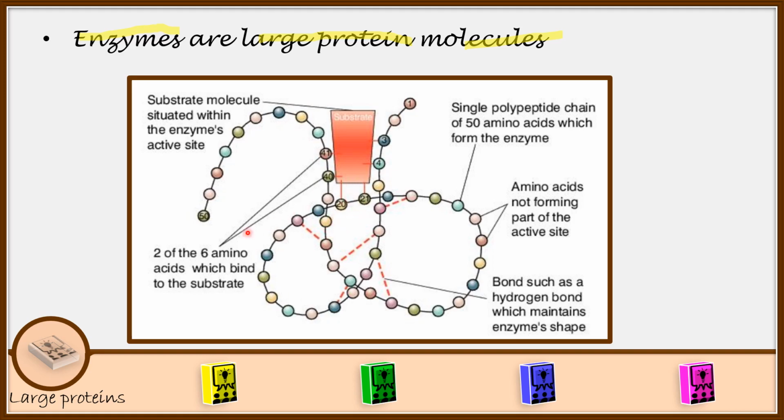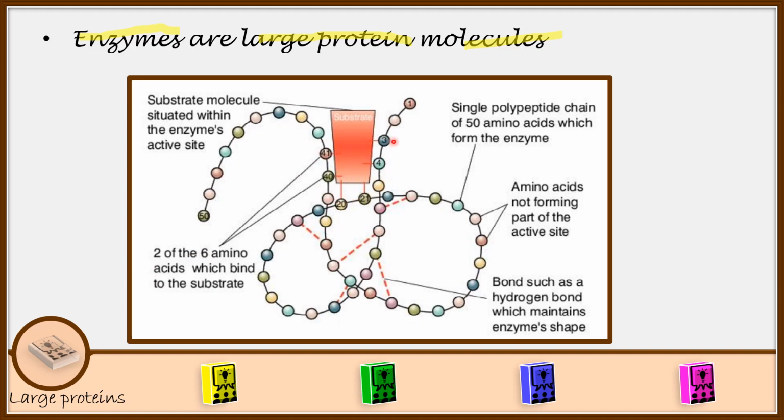This active site has about 6 amino acids which bind to the substrate. The protein, which is the enzyme, is made up of 50 amino acids, but only 6 amino acids form the active site. Those are the amino acids that bind with the substrate.